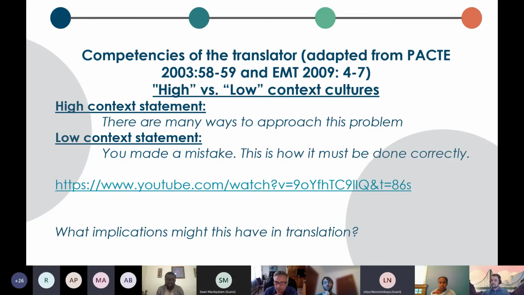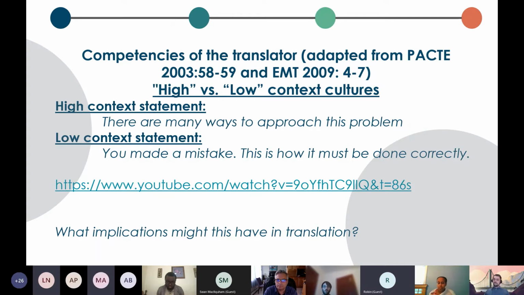I can think of something, and I never thought about this. I had heard of high and low context cultures before, but I hadn't thought about how it might apply to translation. So that's really fascinating. I was thinking about the use of commands. Some languages, or some sectors of that society, are more likely to use commands.